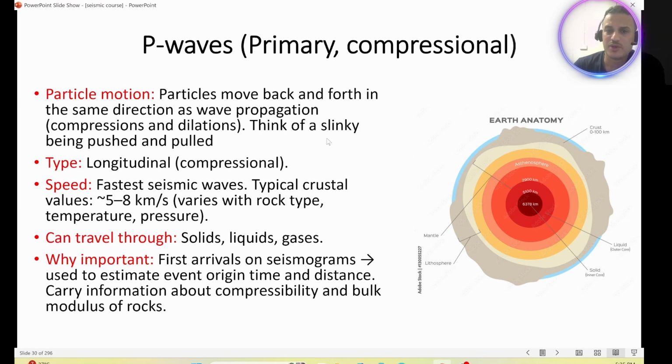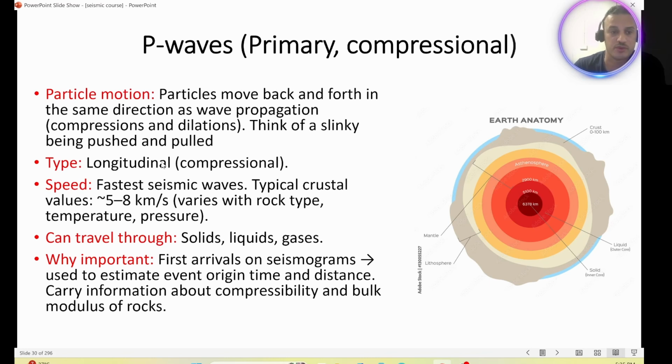You can think of a spring slinky being pushed and pulled. So this type is called longitudinal compressional, because the applied pressure compresses the rock particles and makes the rock reduce in size, and then it goes back to original after this energy is removed.